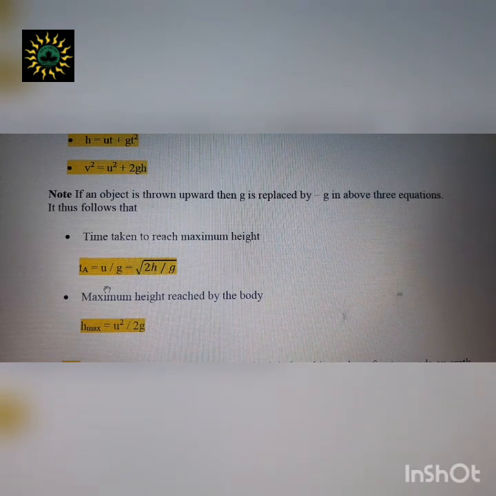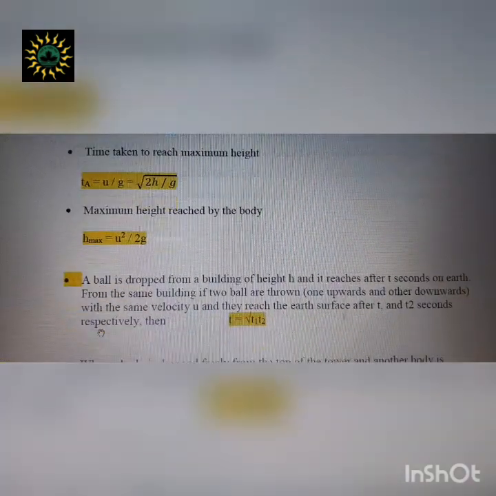We know the formula v is equal to u minus gt. So in place of v, we put 0, because after covering a certain maximum height, the velocity becomes 0, and then the body again starts to come back towards the earth. So you have to put the final velocity 0 in order to obtain the maximum height. So you will get this formula automatically.